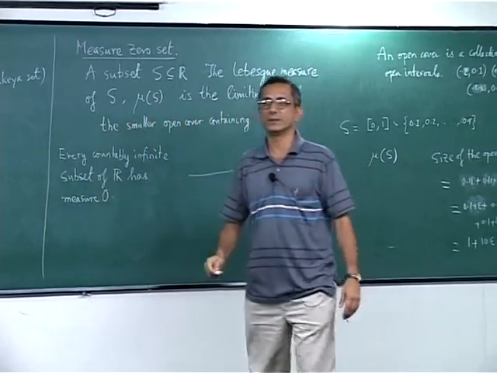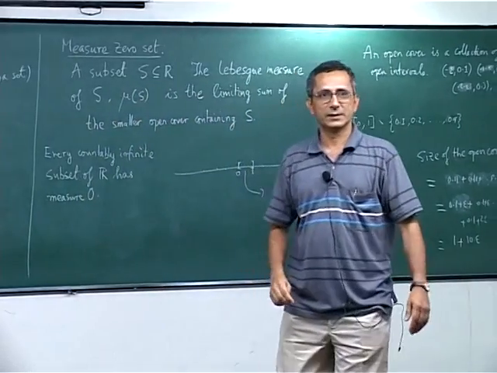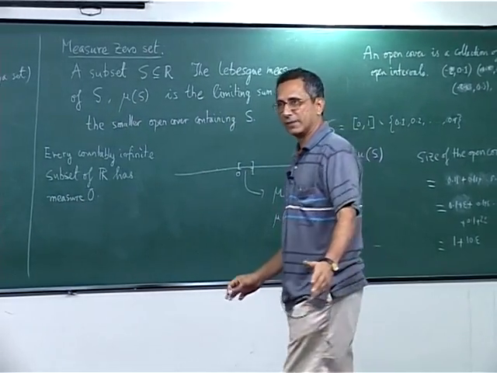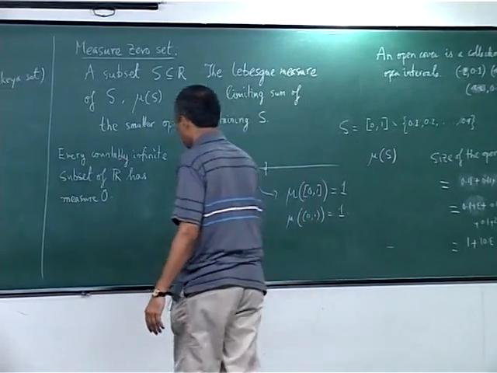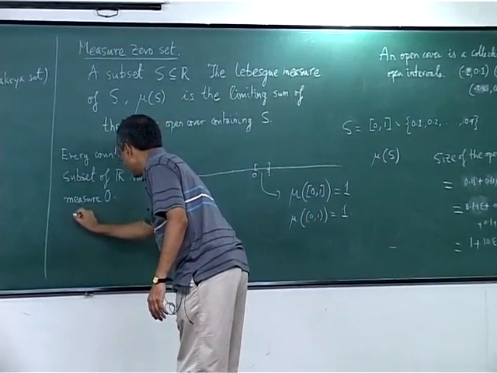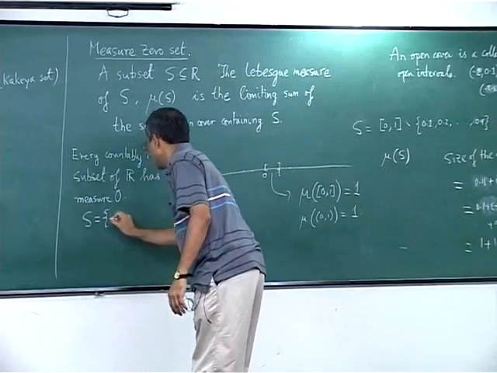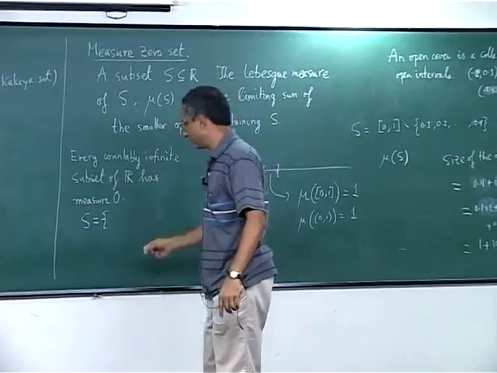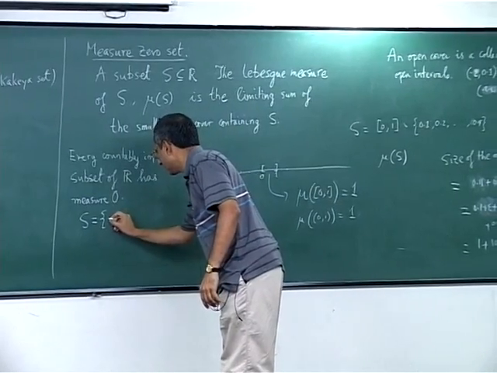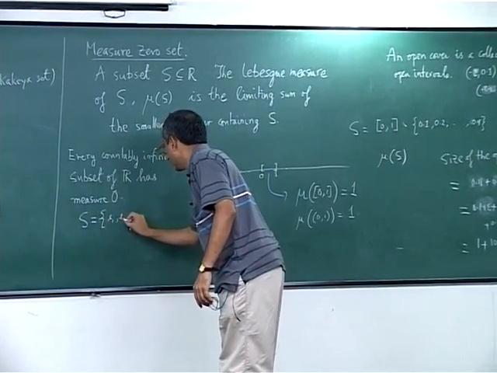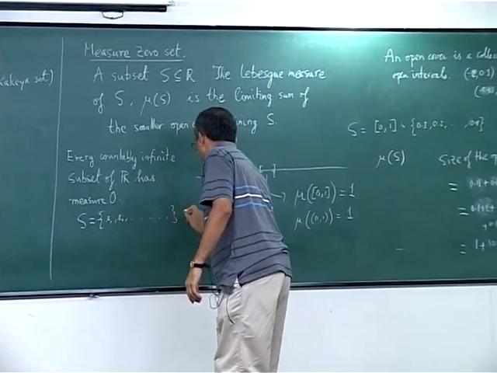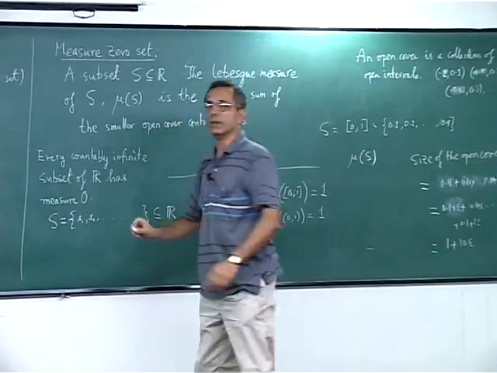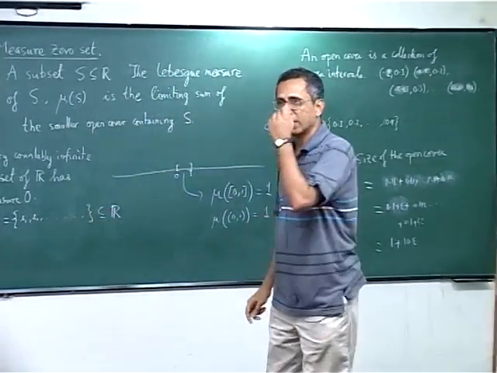How do I prove that? Not difficult. So, let us say S is a countably infinite set. Because it is countably infinite, I can put it in 1-1 correspondence with natural numbers, and I can think of the set as small s1, s2, etc. This is a countably infinite subset of real numbers.